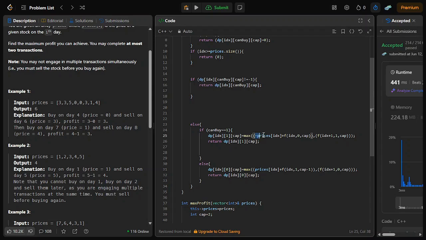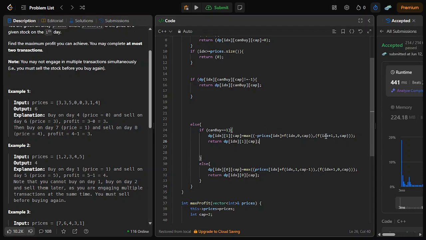This amount means that you have bought the stock that is present on the ith day. So this gets reduced. Like you do not have this money, right? You just paid it to somebody, and then from that day, if you cannot buy, what is the maximum profit you can gain from that day if you cannot buy. Okay, so basically this is what it boils down to.